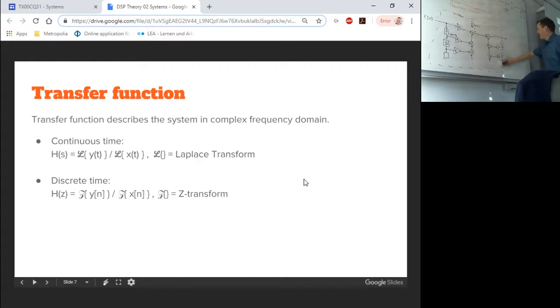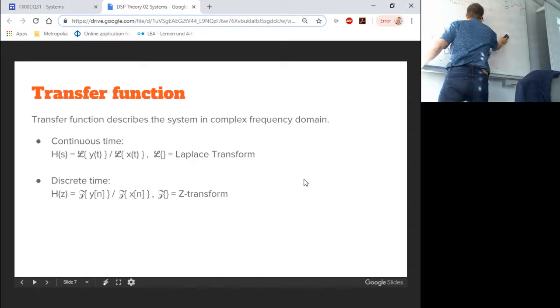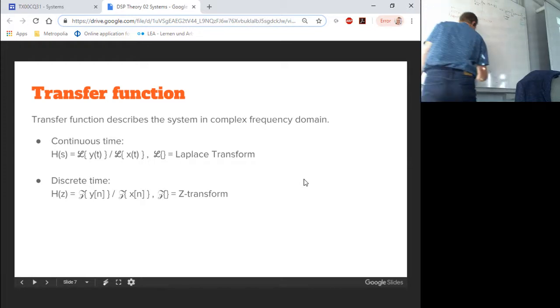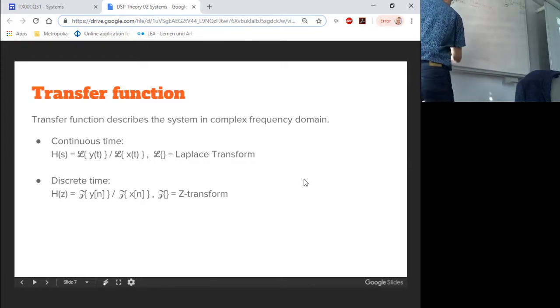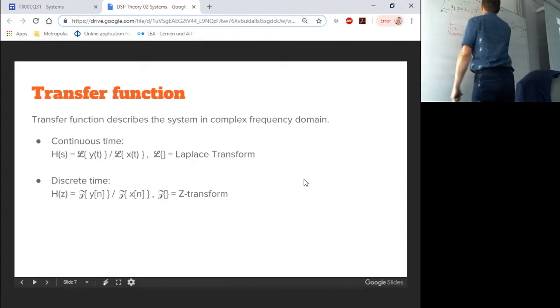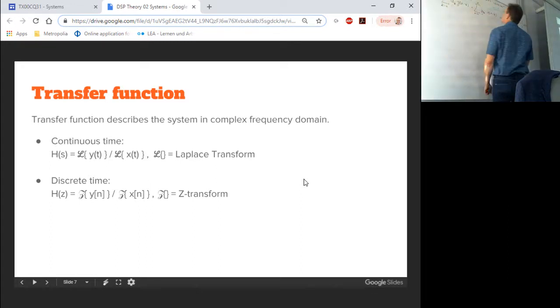The Z transform actually is a general form to describe a system in frequency space. And I start with the difference equation, in that form.